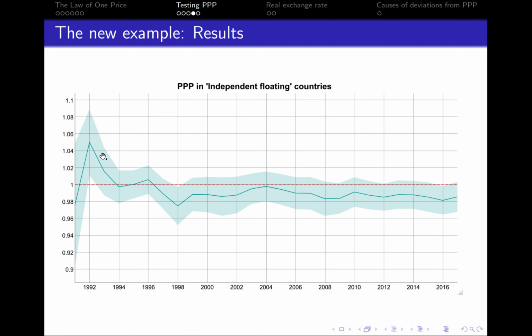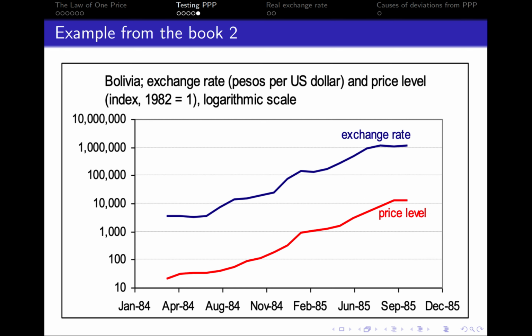But I want to leave you with this optimistic case of how well relative PPP works in determining the exchange rate in the case of countries where currency is closest to a purely flexible exchange rate. Okay, now let me give you one more example.